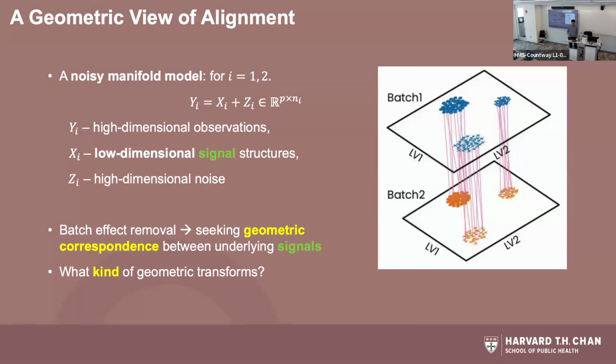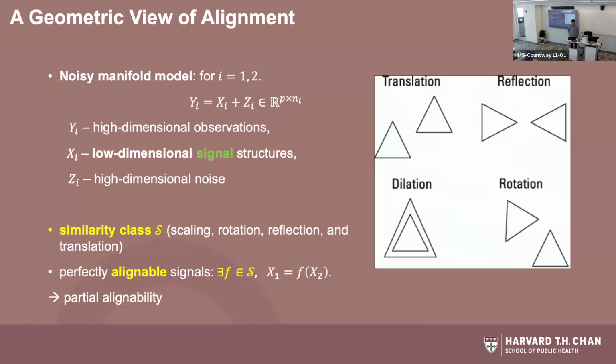Considering this Xi as some low dimensional object embedded in the high dimensional space, we can start with the most simple transformations that we have good knowledge of in the Euclidean space, which consists of these 4 elementary transformations, including translation, just the mean shift, reflection, and dilation, or just the rescaling, and rotation.